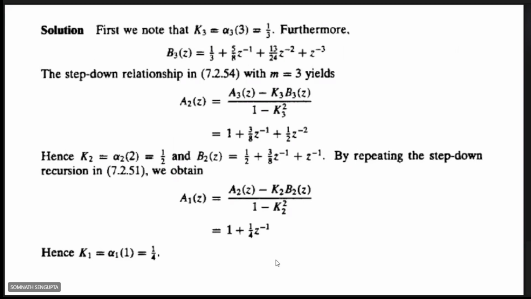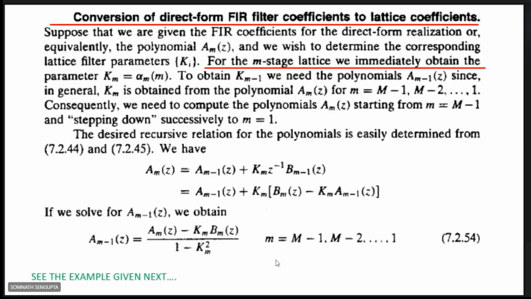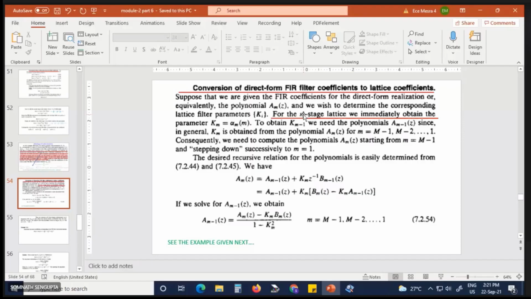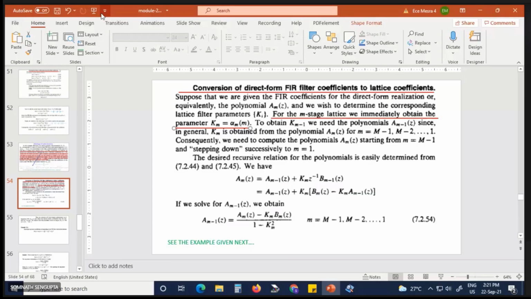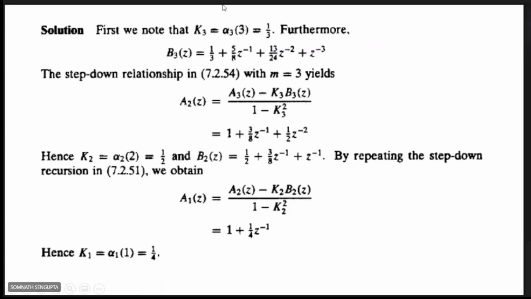It is always there in the lattice structure that Km is equal to alpha m m, the highest direct form coefficient. So we started with K3 equal to alpha 3 3, that is equal to 1 by 3.